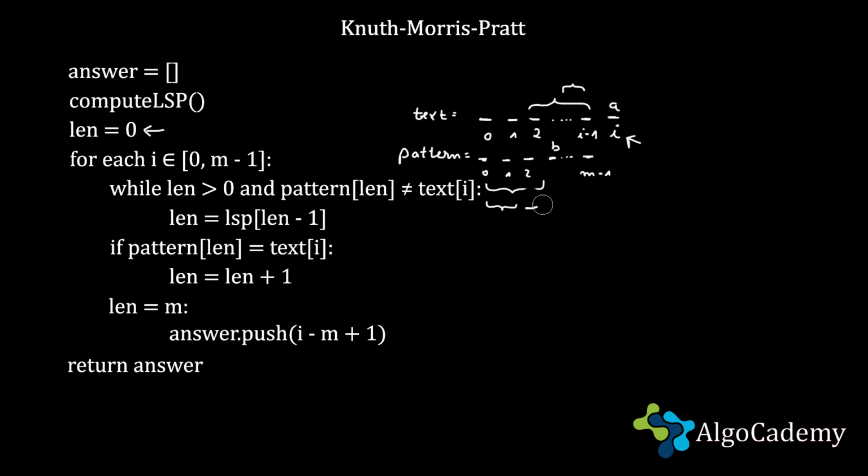If this is also not correct, and let's say this here is a B, of course, probably we have a shorter suffix here, which is a shorter prefix here, which we are going to find by taking the value of LSP of that length, and so on and so forth, until we finally find two matching characters, and we can increment the length. So we have found that length, which might be equal to m, and if so, this is definitely a solution. This is a substring that is equal to the pattern one and ends on position I in the text string, and we will update the answer.